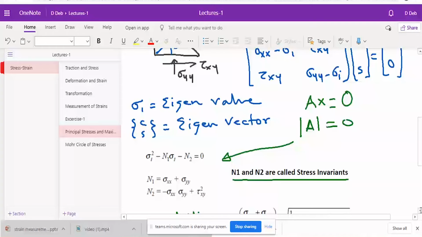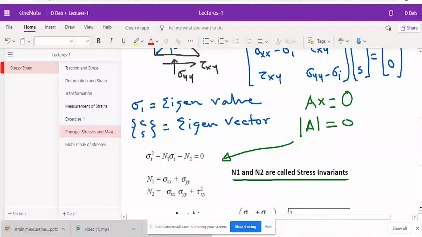Now, this equation, or this N1 and N2, are called the stress invariants. It's a very important part of stress analysis. I will come to that when I come to the Mohr circle. The stress invariants are these two variables that will not change their value even if you change the coordinate system.